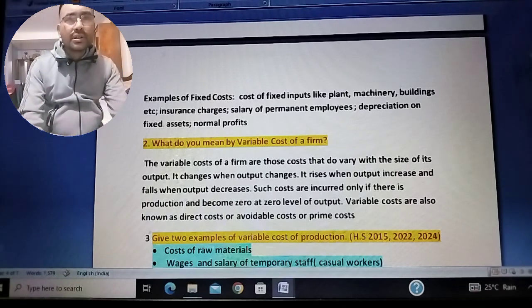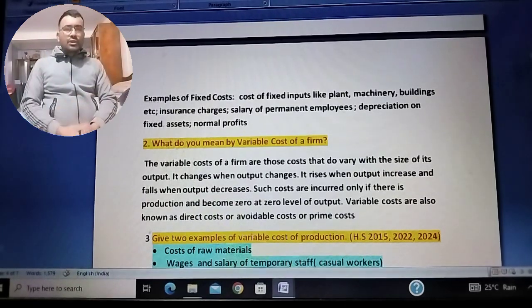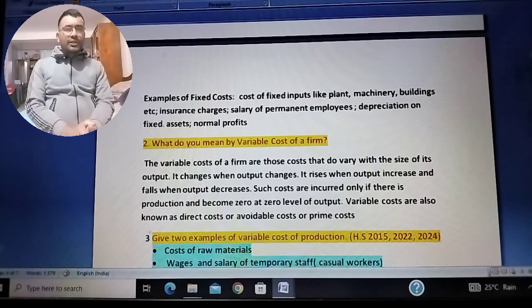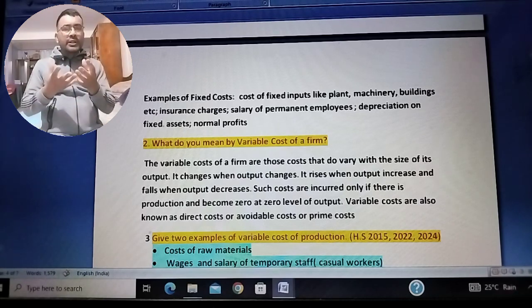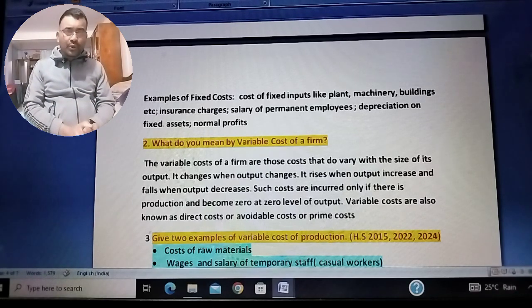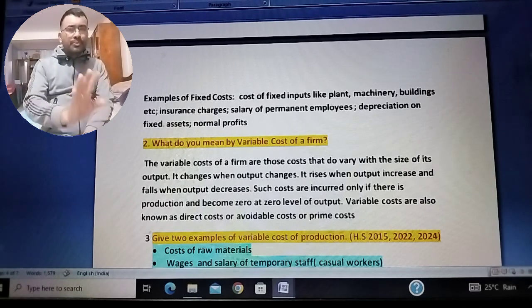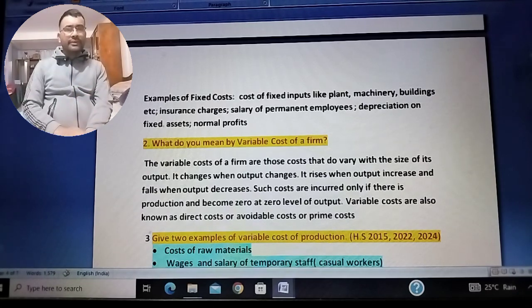See what is important. Those costs which vary due to change in the level of production, or those costs which vary proportionately due to change in the level of output, are known as variable cost. So when you stop producing something, when the production is zero, you don't have to incur variable cost.